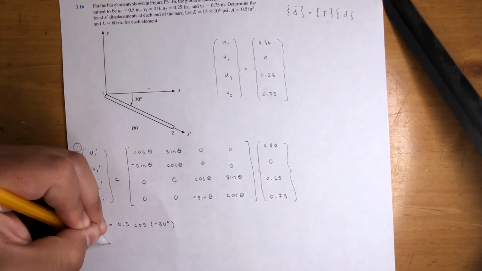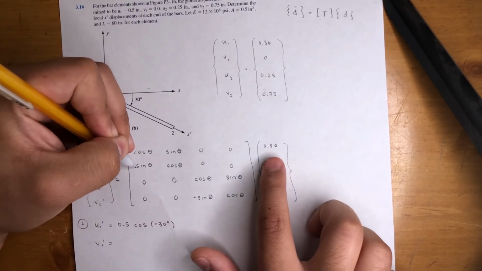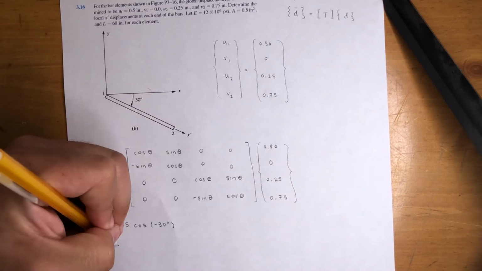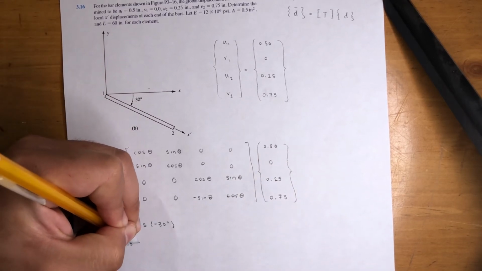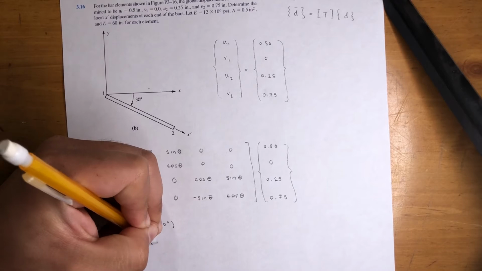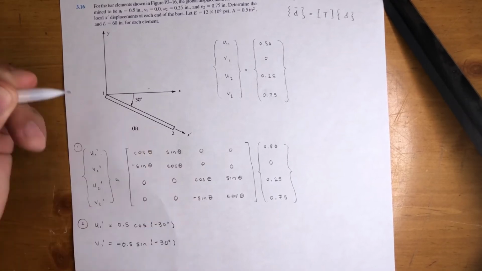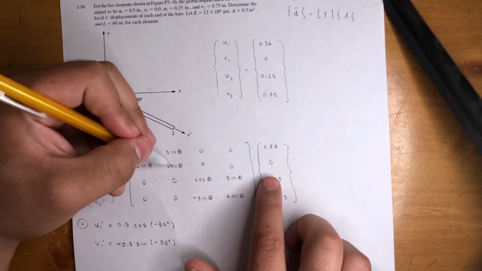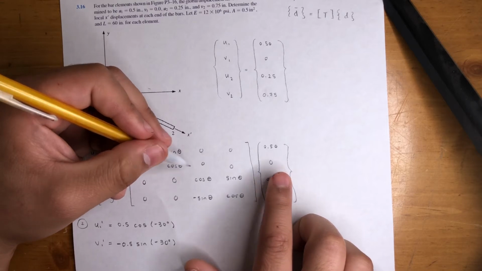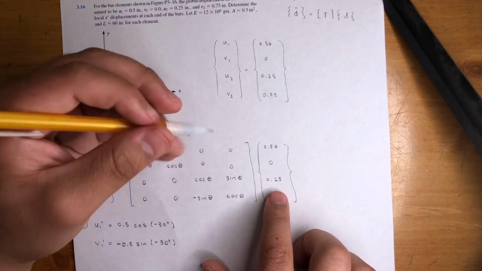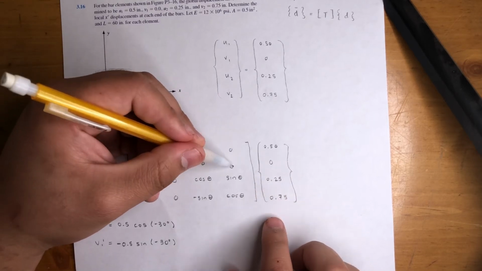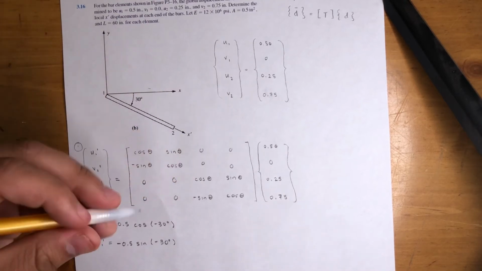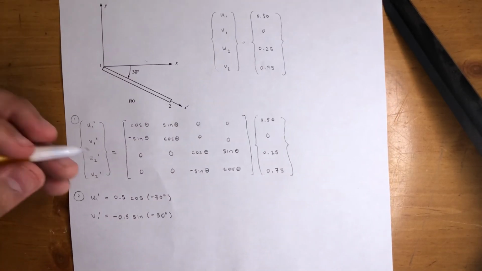Next one, V1 prime is equal to negative sine times 0.5. That is negative 0.5 sine of your angle, negative 30 degrees, plus cosine theta times 0 plus 0 times 0.25. And finally, plus 0 times 0.75. So it's just that one again.